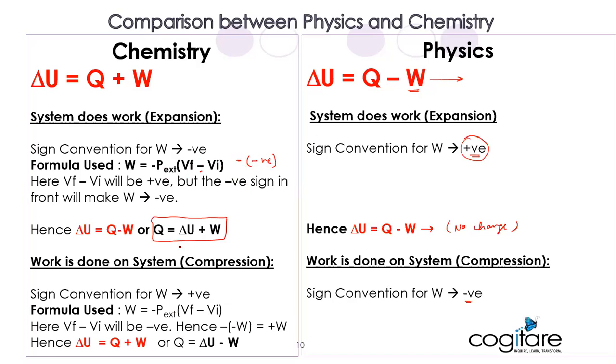Therefore, here we get delta U is equal to Q plus W, or Q will be delta U minus W. Whereas in physics you have delta U is equal to Q minus W, and now we have to put W as negative. If you put W as negative, you will get delta U is equal to Q plus W for physics. So take a minute and make a note of this particular difference between the two.